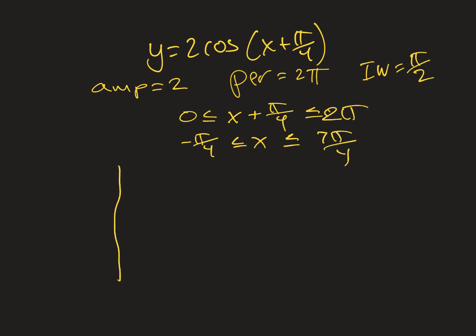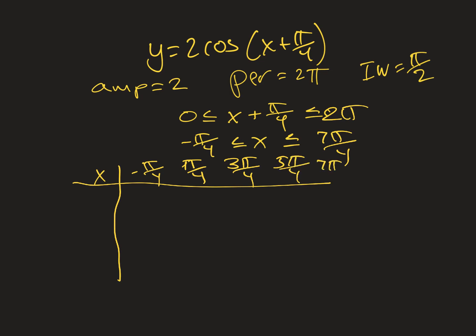Okay, so when I go to my table here, my x value is negative pi over 4. I'm going to add pi over 2 to get my next angle to plot. So the next angle would be pi over 4. Adding pi over 2 again, the next angle is 3 pi over 4, then 5 pi over 4, and finally 7 pi over 4.